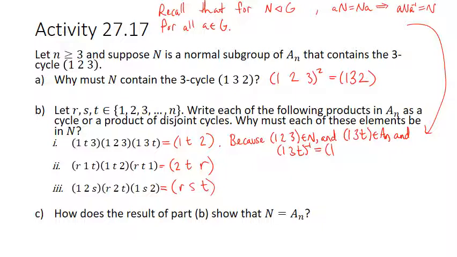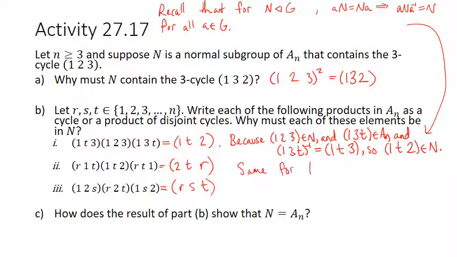Okay, so what you're doing there is you're actually multiplying A times something in the group times A inverse, so you must be getting something else that is in the group. So that's a little bit confusing, but that's where that is coming from. So (1 t 2) must be in N. Okay, and it's the same for the rest of these.